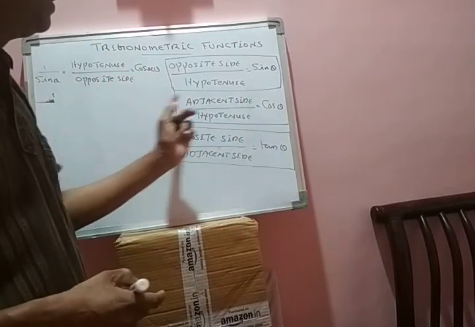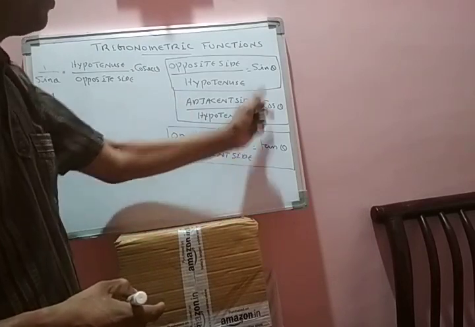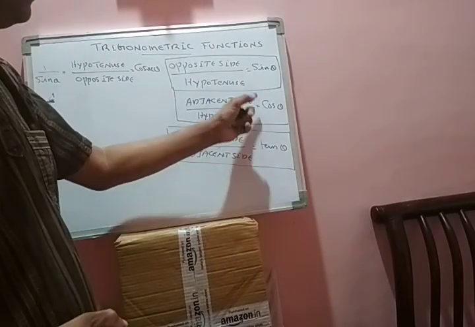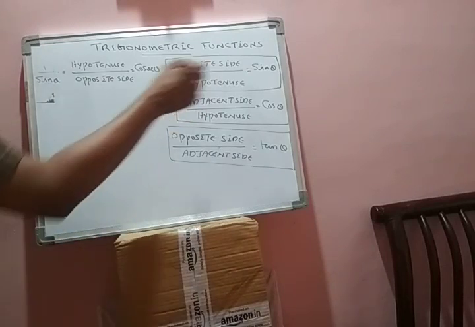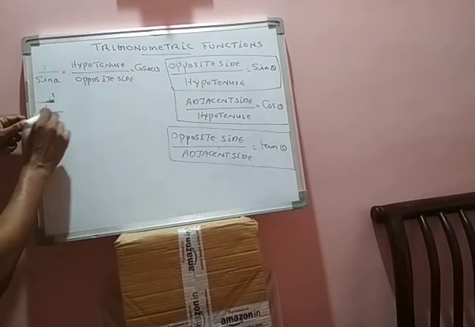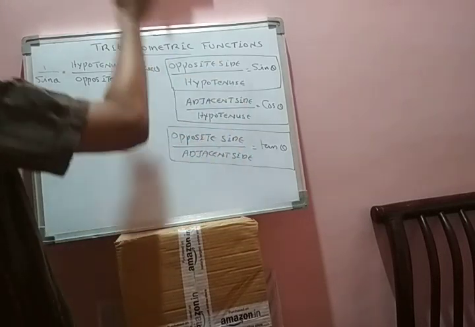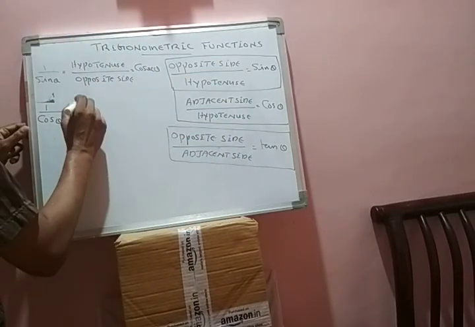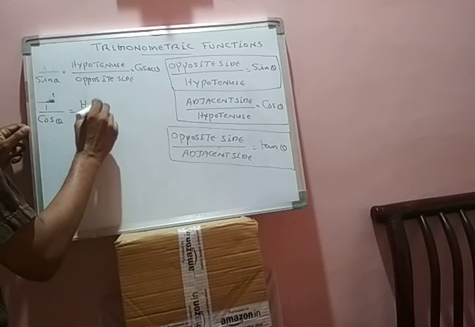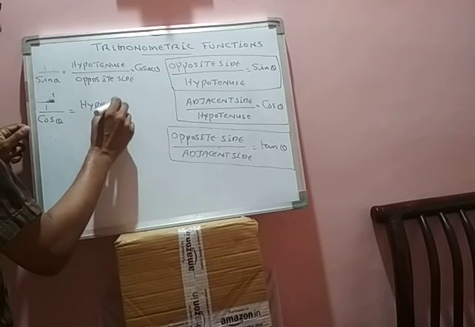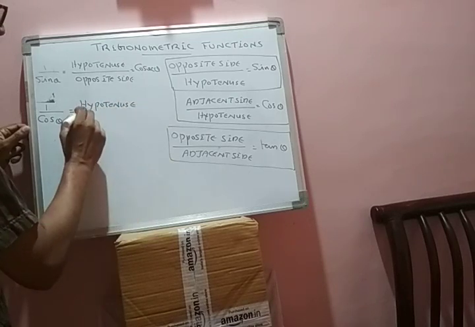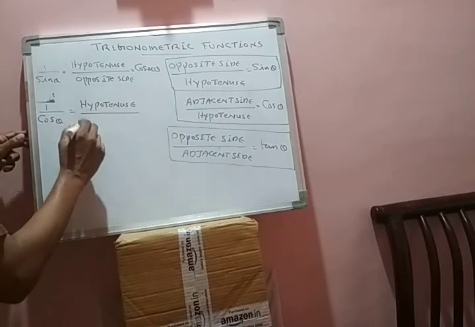Then interchange numerator and denominator of cos theta. Take the reciprocal of cos theta, that is 1 by cos theta, which is equal to hypotenuse in the numerator divided by adjacent side in the denominator.